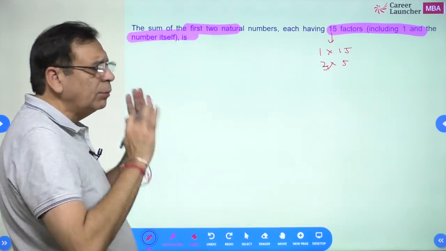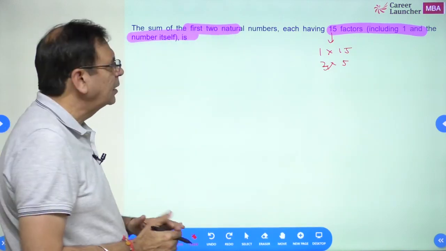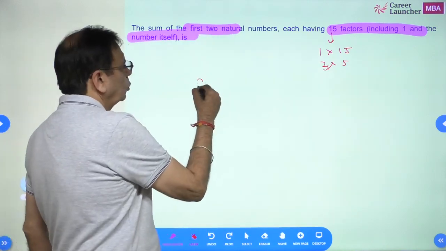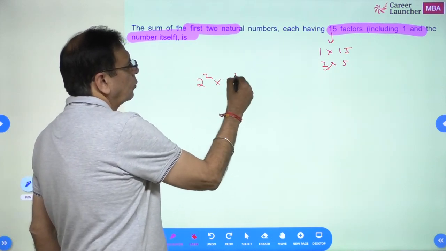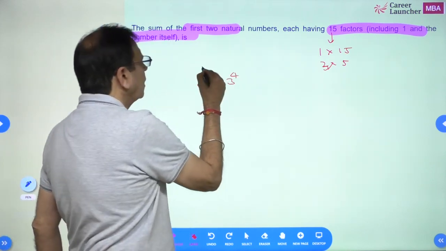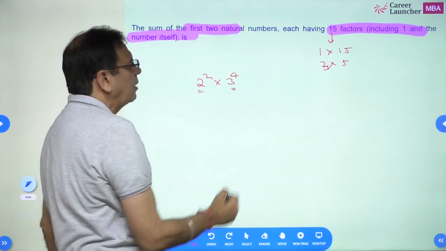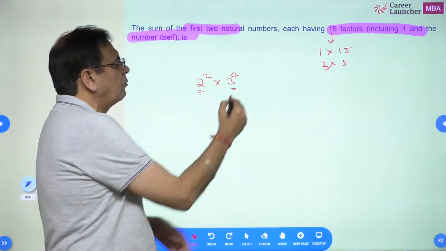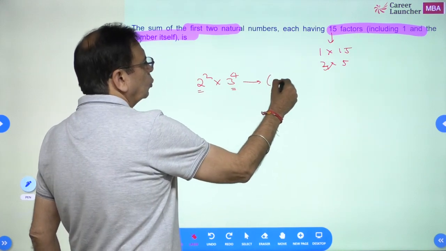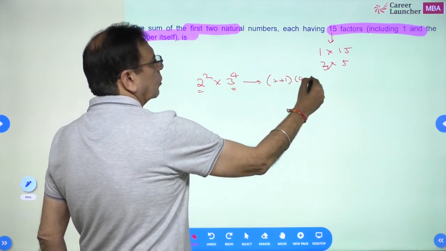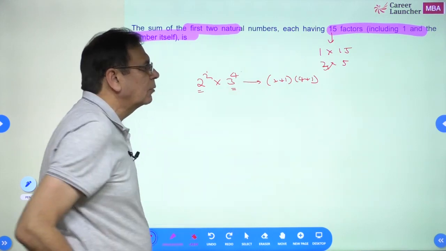So what will be the smallest number which will have 15 factors? It will be obviously 2 square into 3 to power 4. That means this will have 3 factors and this will have 5 factors. So the number of factors here will be 2 plus 1 into 4 plus 1. Right? 2 plus 1 into 4 plus 1, 15.